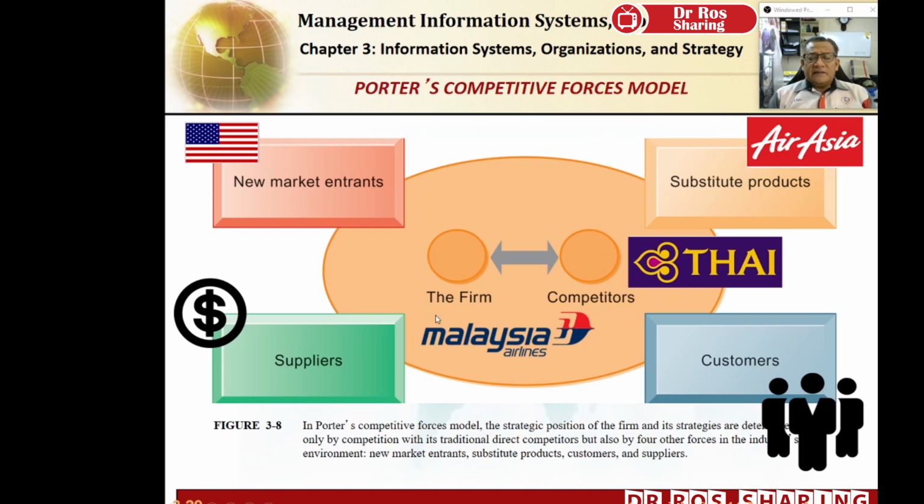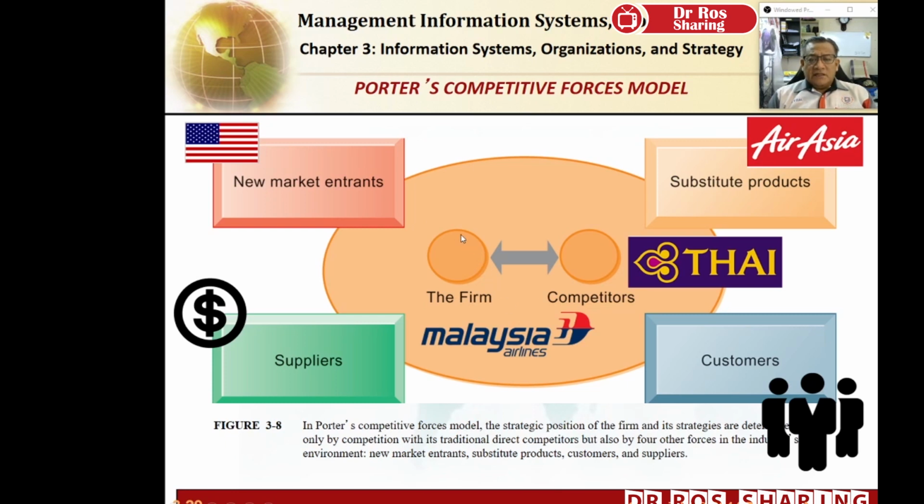So Malaysia Airlines needs to manage its IT infrastructure at least comparable or almost at an equal level with what Thai Airways has. If Thai Airways has that kind of service based on IT-driven check-in or IT online booking, Malaysia Airlines must have that kind of facility too, or else it will lag behind in terms of IT infrastructure offerings.